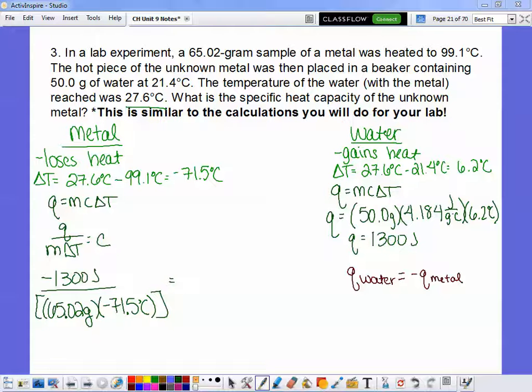What did you guys get? You should get 0.28. Make sure, did you put extra parentheses around the bottom?